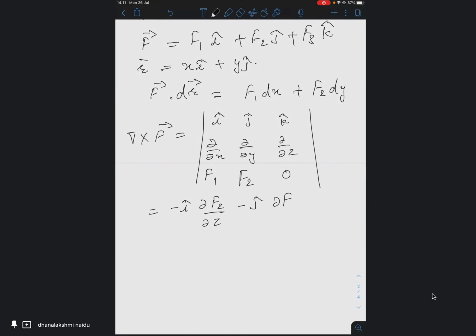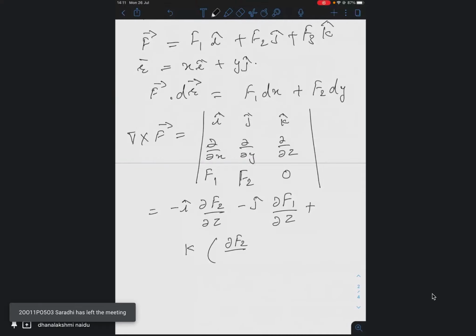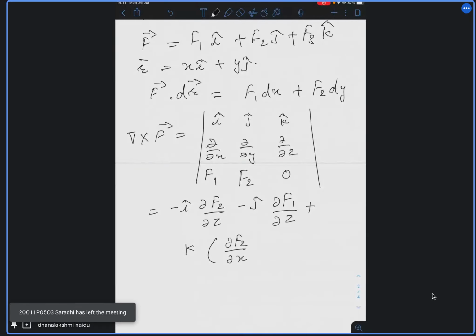Dou F1 by dou Z. And with K, what will you get? With K cap, you will get dou F2 by dou X minus dou F1 by dou Y. Is that what you will get with K cap?